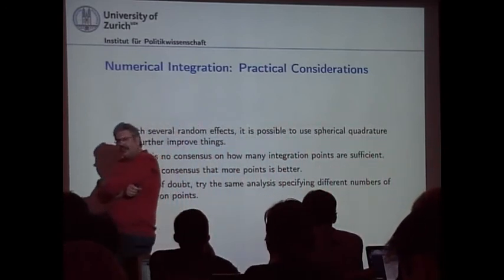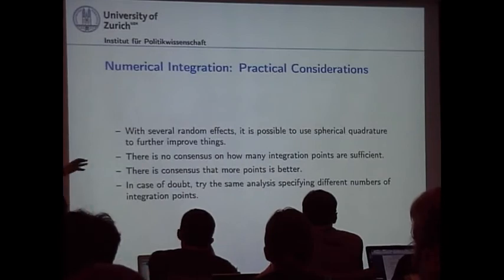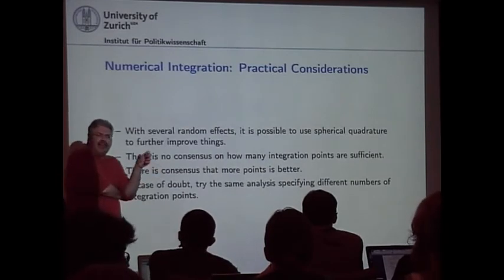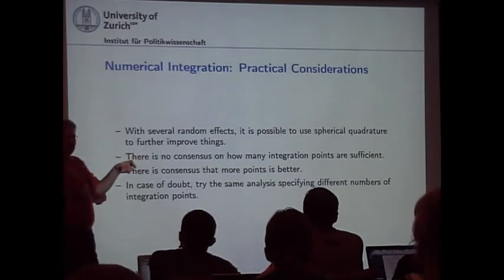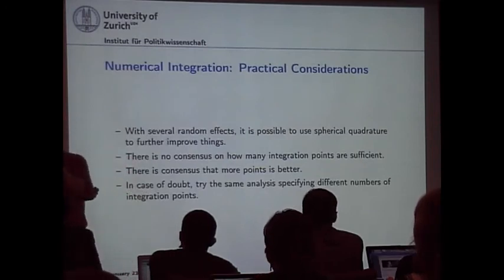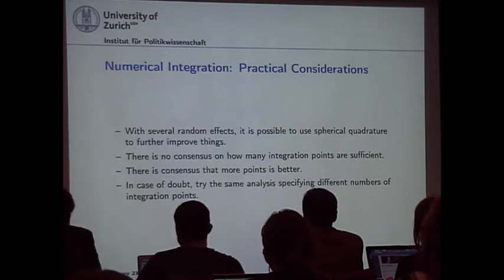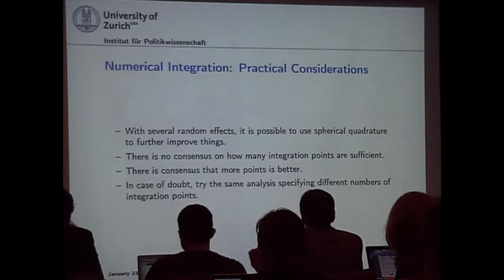There seems to be consensus that you should pick the number of points larger rather than smaller, although if you have several random effects, you may be able to keep the number of integration points relatively low by using something known as spherical quadrature. And I would suggest you do that because it significantly improves performance of the program.